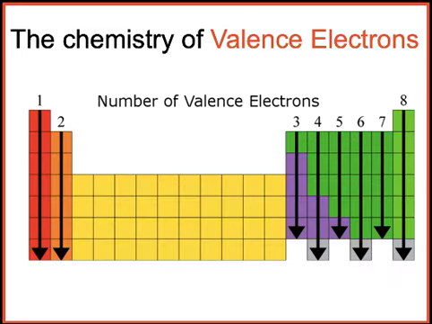The chemistry of these valence electrons, right, depends on which of these columns you're in, right? Group 8 is very content. It has a full shell and it's like, peace out, I'm fine. Then you have group 7 who's frustrated because all they need is one more darn electron and they'd be happy and have a full shell.